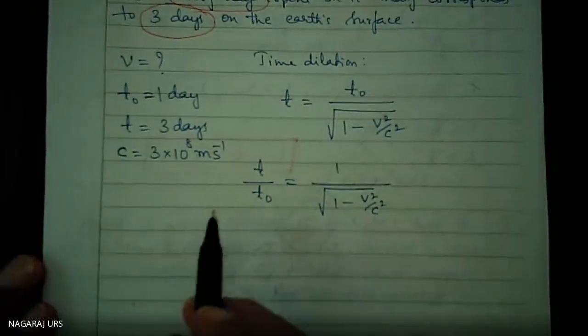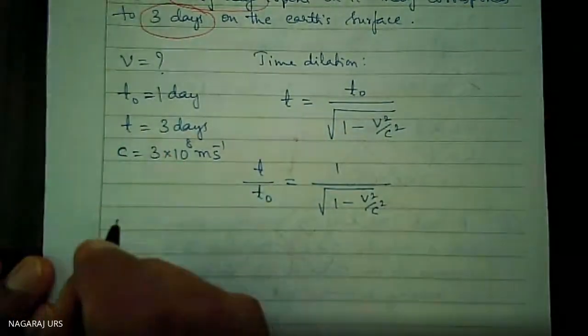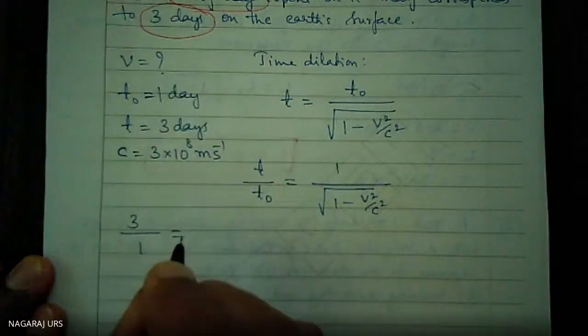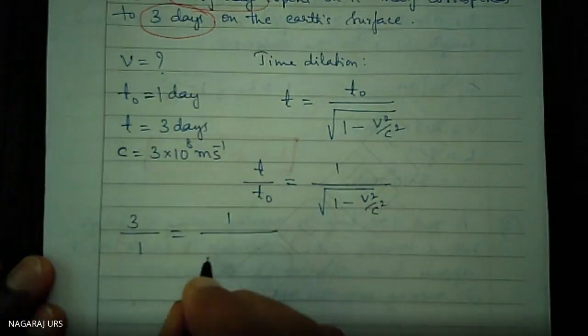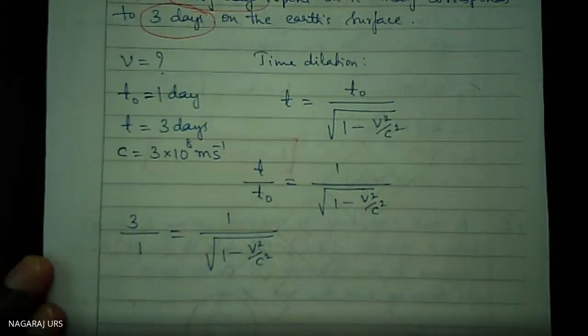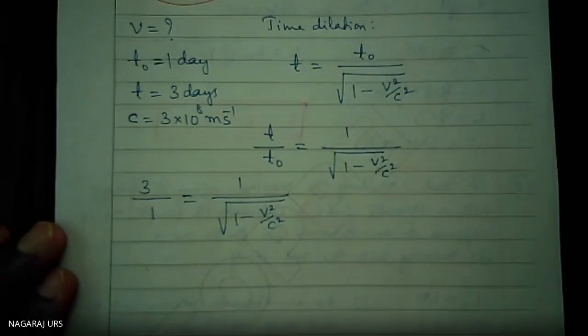T value 3, t naught value 1, is equal to 1 divided by root of 1 minus v square divided by c square. Correct?